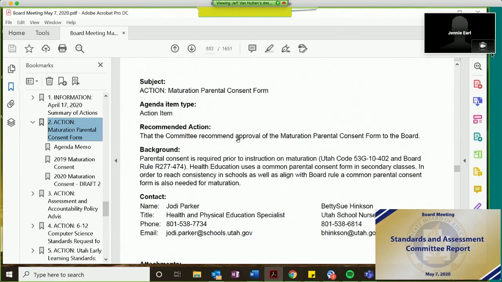Okay. Usually in the report, I get the summary of the actions. Yeah. That's my challenge, that I want to try to make sure that it's right. I'm trying to follow along.